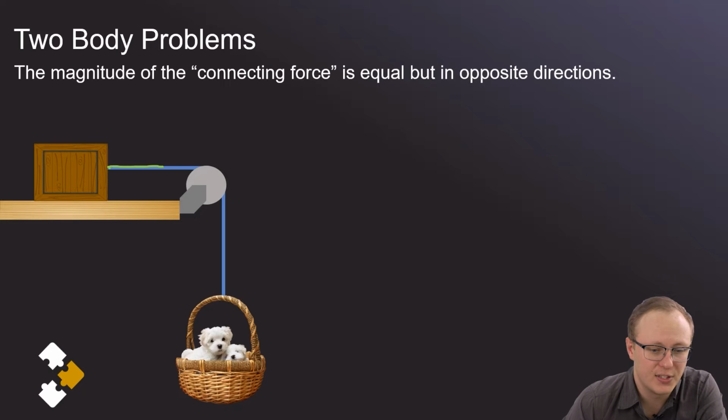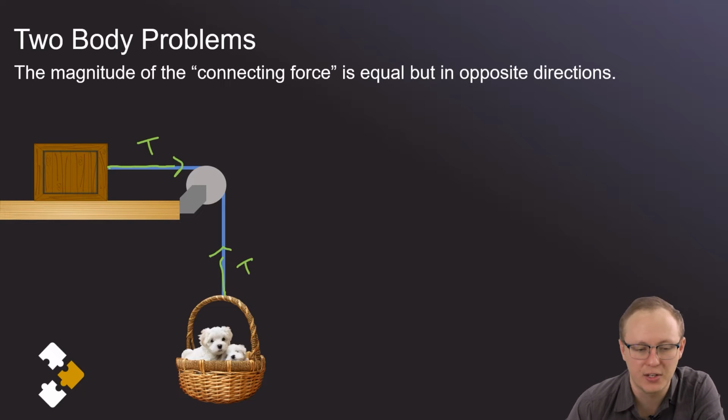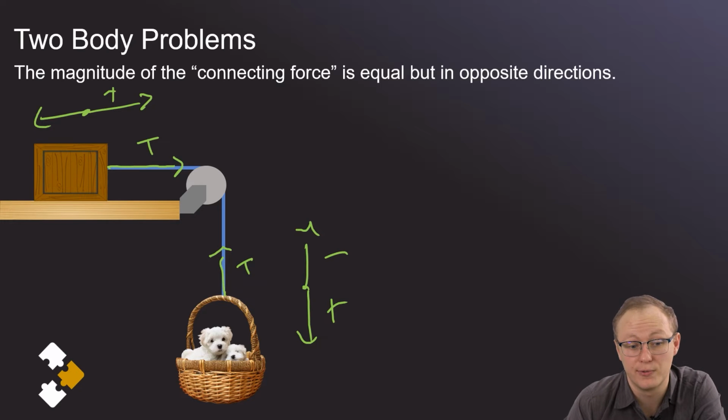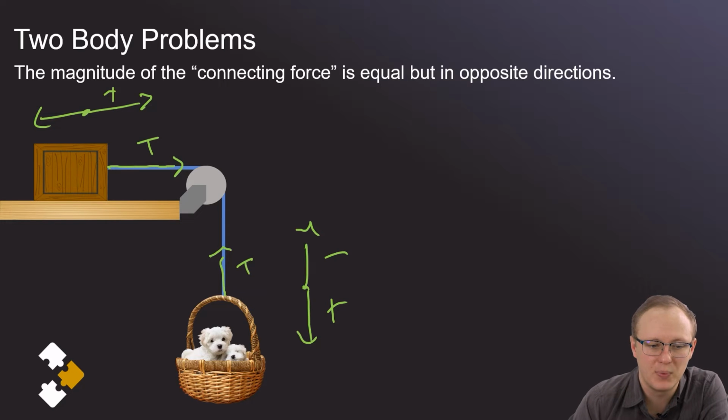So here, this tension force going in the positive direction will be the same in magnitude as this tension force going in the negative direction. You can see it's positive for the box and negative for the puppies, but the size is going to be the same.